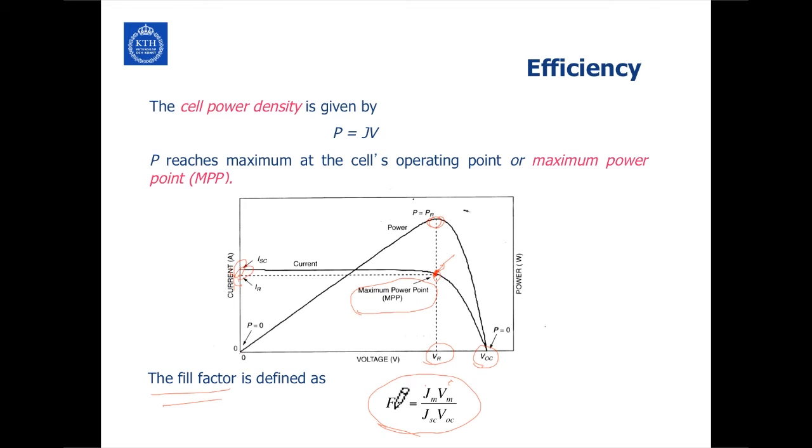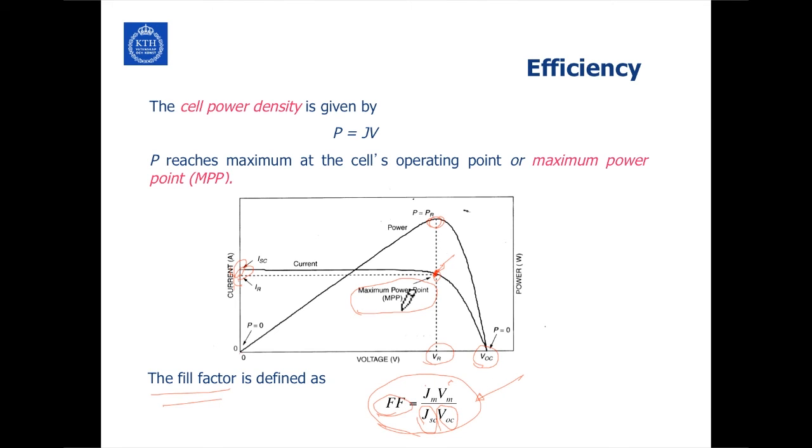The fill factor is essentially given by the area under the dotted line curve divided by the area under this particular one right here. So, this is the short circuit current density and open circuit voltage, and this is a very important definition, because when you are trying to define efficiency, we use the fill factor.